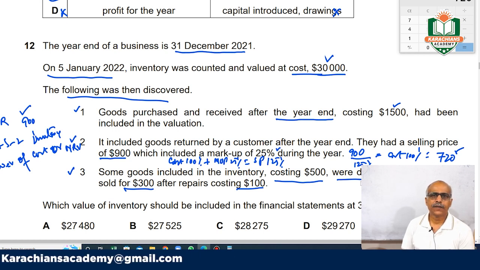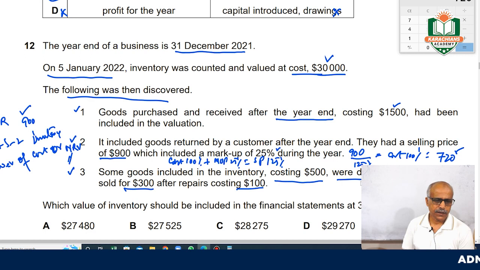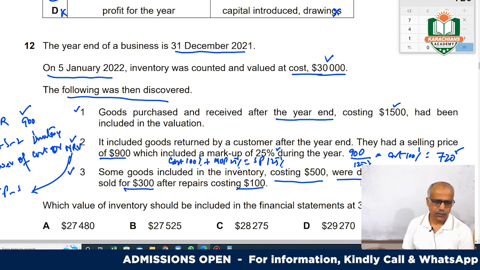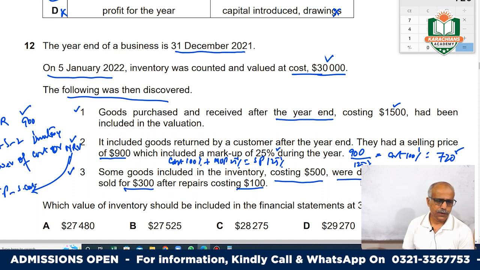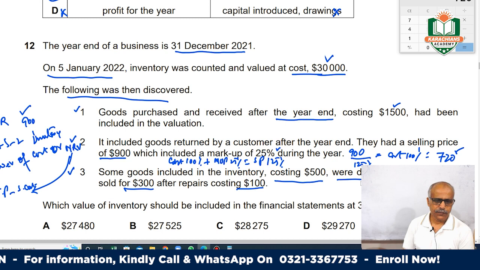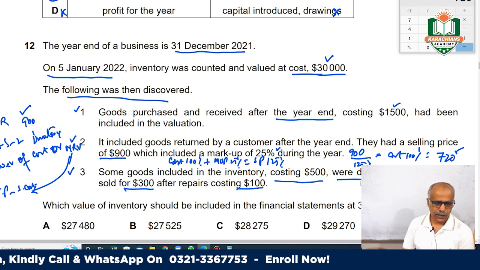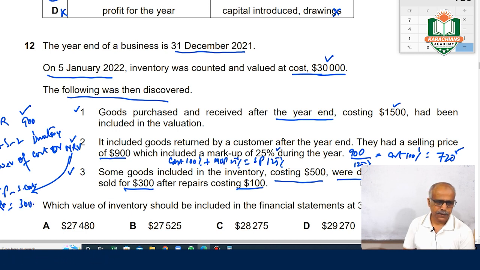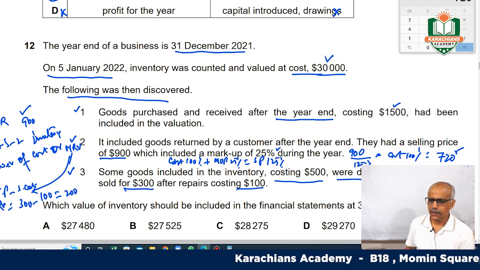NRV is the selling price minus selling cost, so if you are putting some cost, this is called NRV. Here 300 is the selling price minus 100, so NRV is 200.